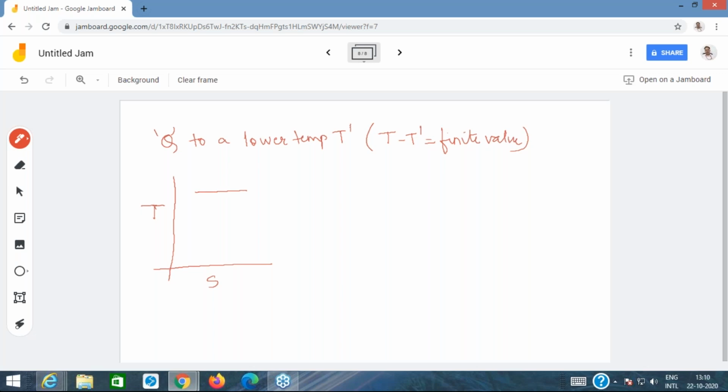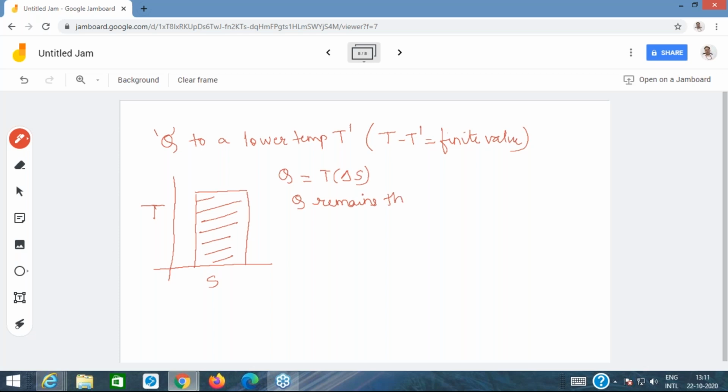This representation in red gives you the heat transfer, because that is the significance of the temperature entropy diagram. So Q is equal to T into delta S. Now your Q remains the same, because there is no heat loss.